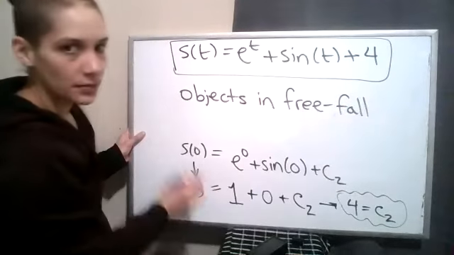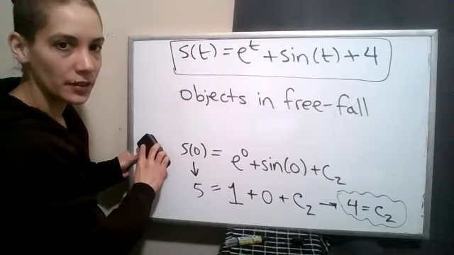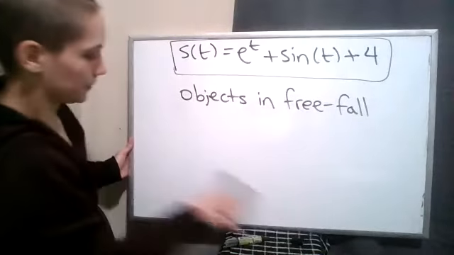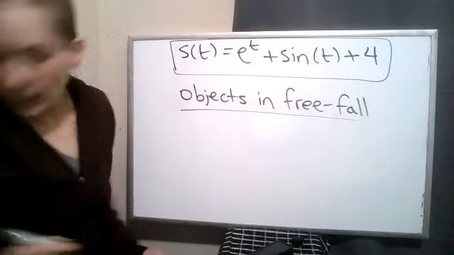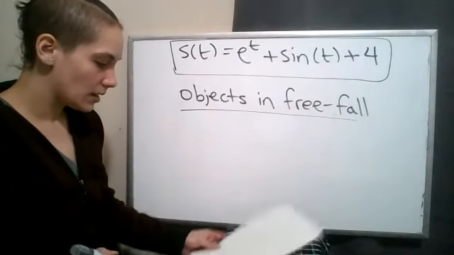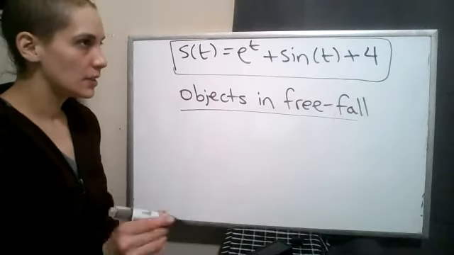So they're going to be affected by gravity, since we're going to be close to the surface of the Earth. Okay, so gravity is a constant, and it's constant acceleration.